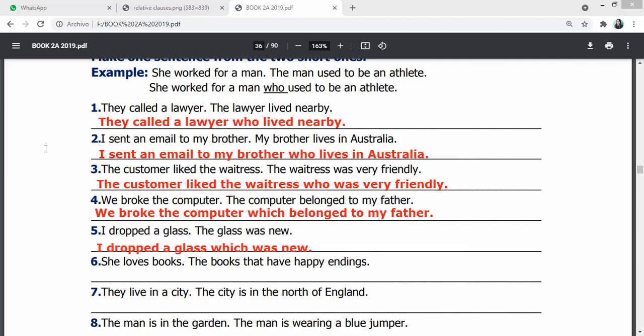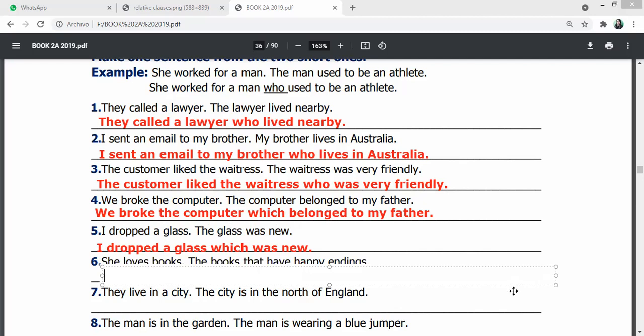Okay. Next one, she loves books. The books that have happy endings. She loves books.